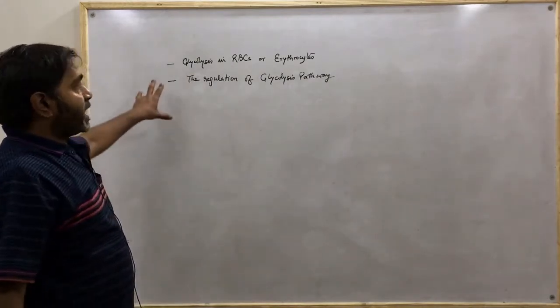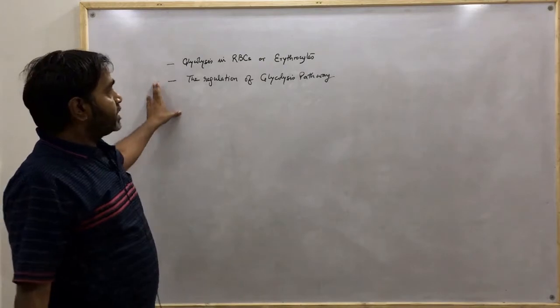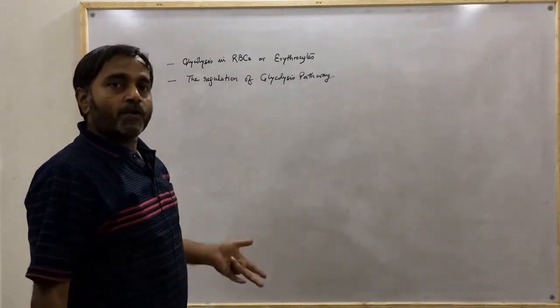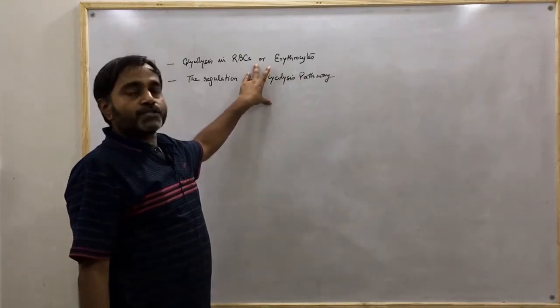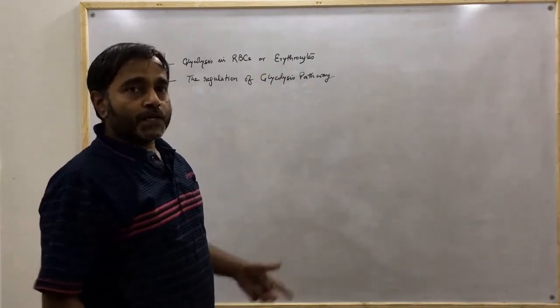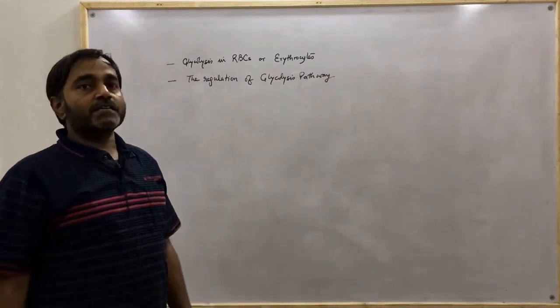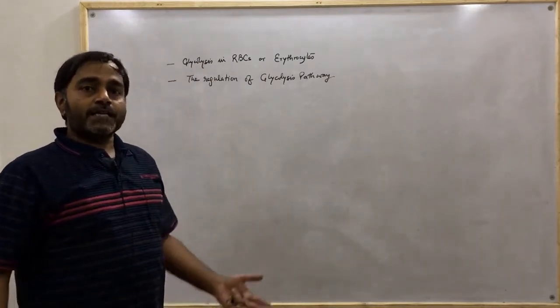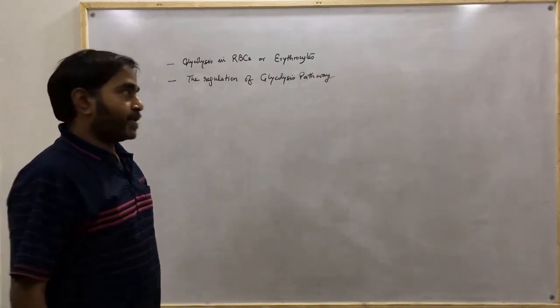So we need to understand these 2 things that are also concerned to glycolysis, and then after we will discuss about Krebs cycle. So if we see the glycolysis that occurs in RBCs, it is important to note that mitochondria is absent in RBCs, particularly in the RBCs of mammals, that we can understand about human beings.